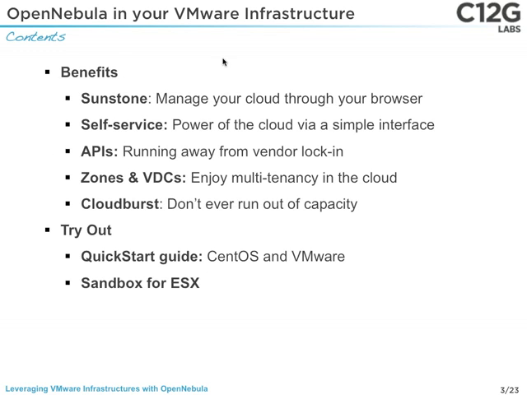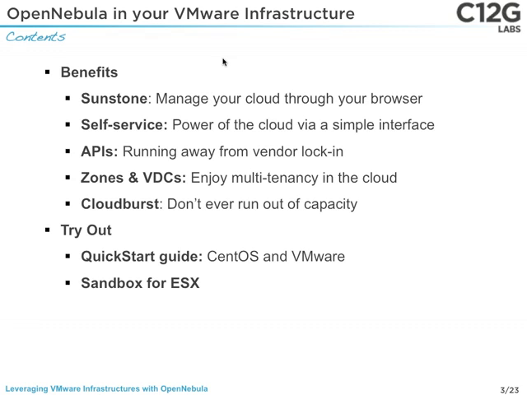We'll move on to the third section, where we'll briefly see the benefits that OpenNebula can bring to your VMware-based infrastructure. We'll talk a bit about the web interfaces available in OpenNebula, like Sunstone and the self-service.